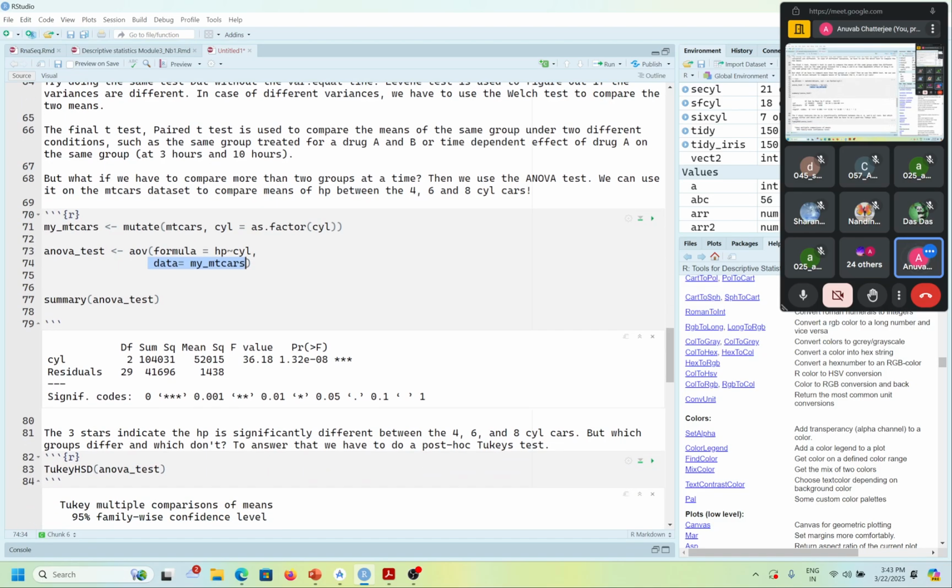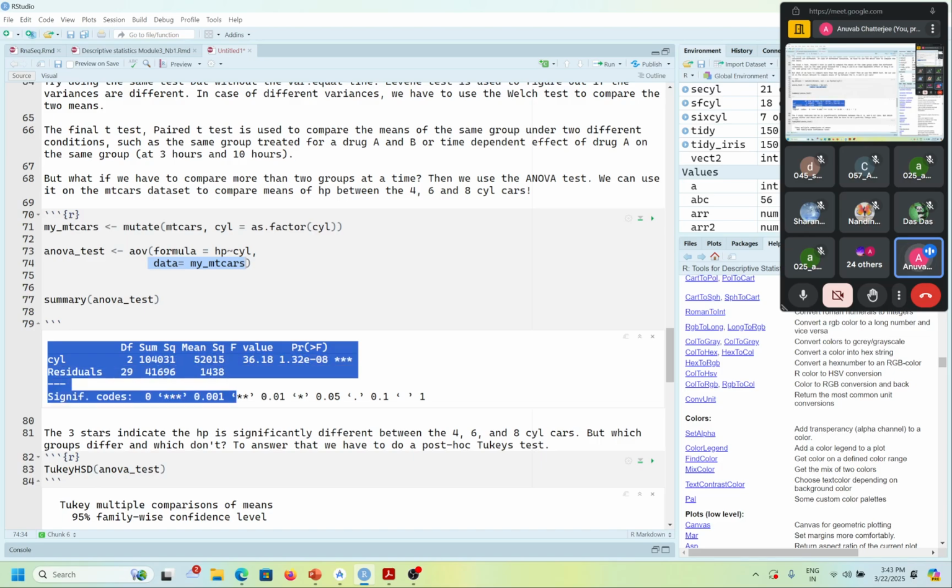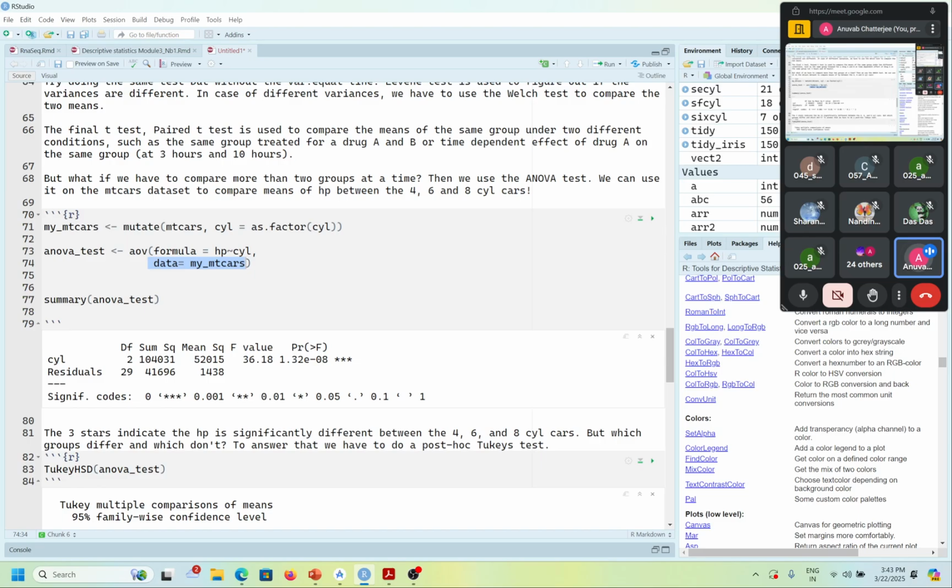So when you run it, you get this enormous table with so many values. The one you care for is again this PR value, which is essentially the p-value for the ANOVA test, which is, you look at if it is less than 0.05. And if you remember, if the p-value is less than 0.05, then you have 1 star significance.